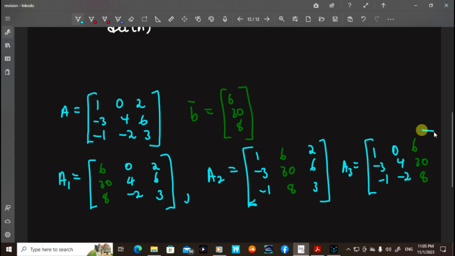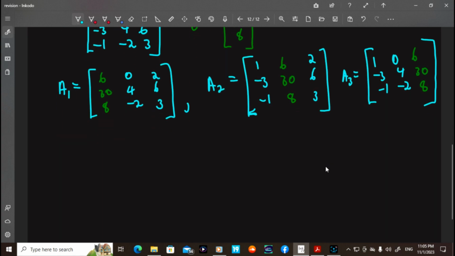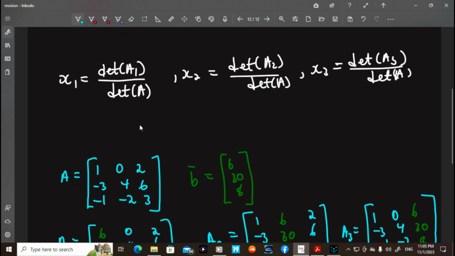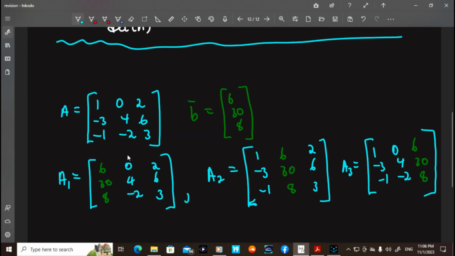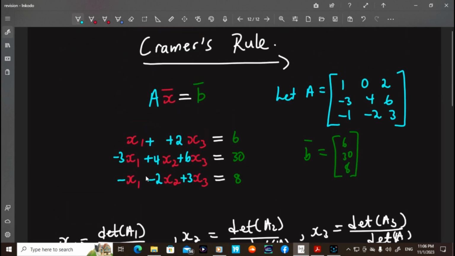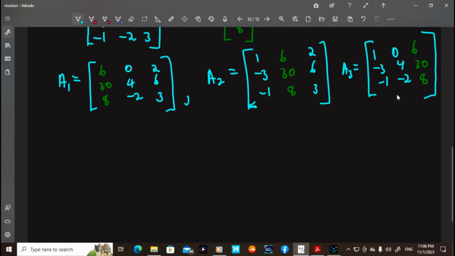Okay, so now this is what we have. According to these equations, we are going to calculate the determinant of A1, A2 and A3, and also we need the determinant of A. I will only show you with A1, meaning I will only calculate the value of x1, because if I calculate everything, the video is just going to take so long.